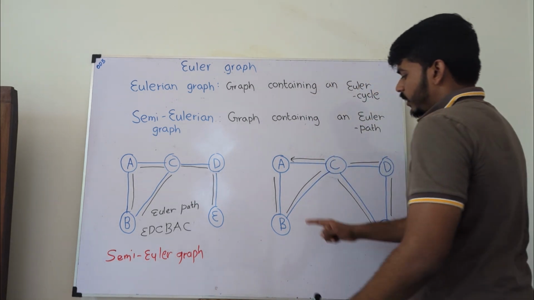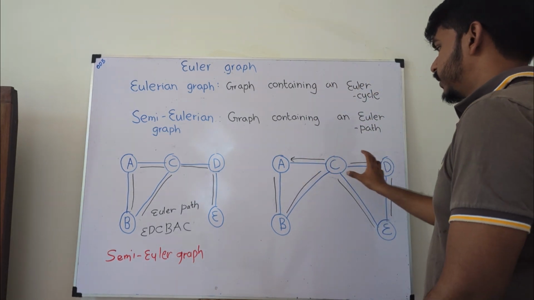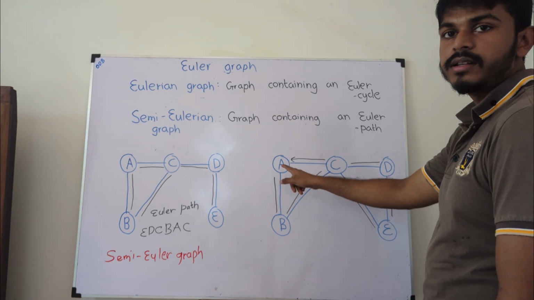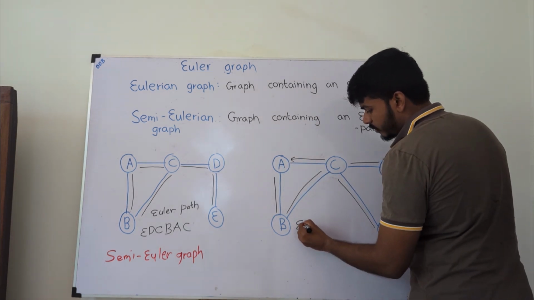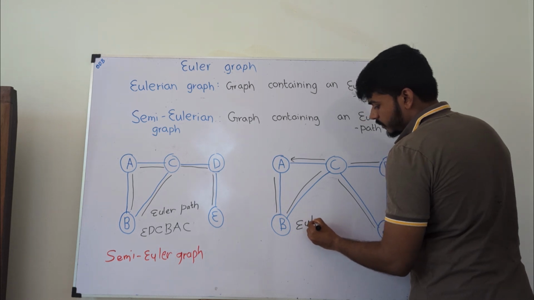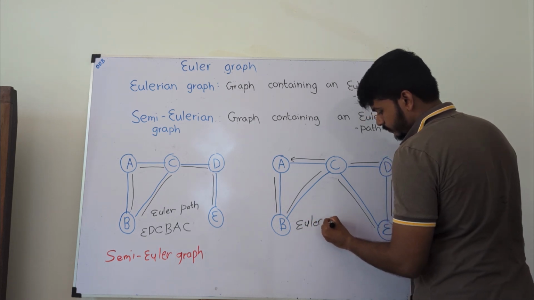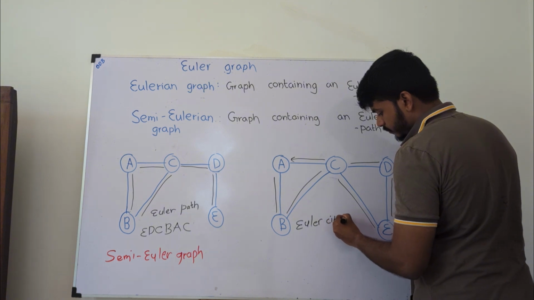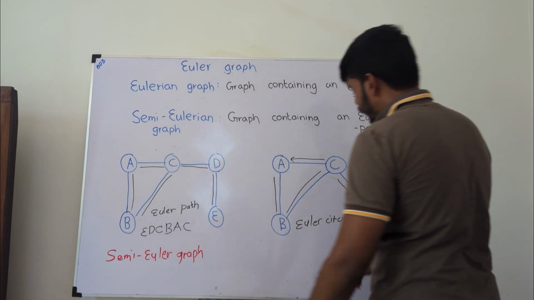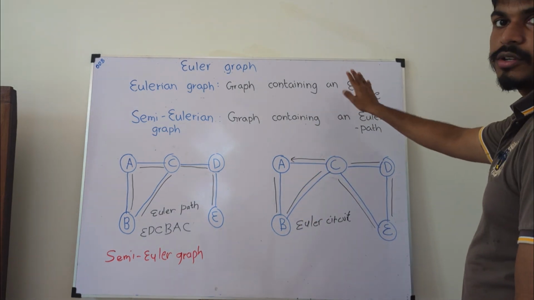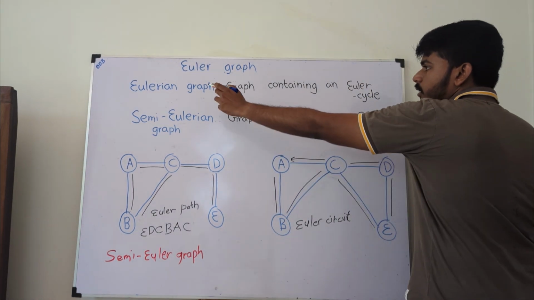Here you can see I have visited all the edges exactly once, and I have started and ended at the same vertex. This is going to be an Euler cycle or Euler circuit. Then this graph containing an Euler cycle or Euler circuit is going to be an Eulerian graph.